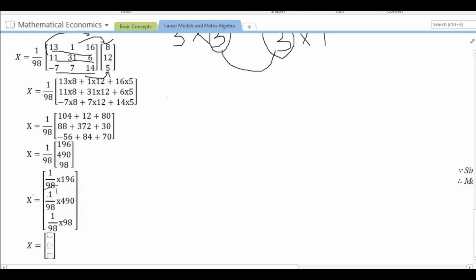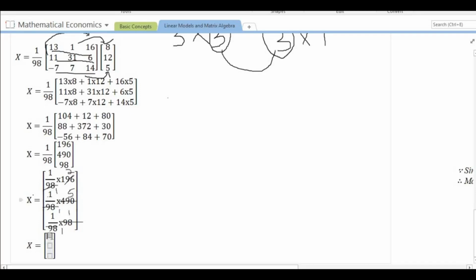98 times 1 equal 98. 98 times 2 equal 196. 98 times 5 equal 490.